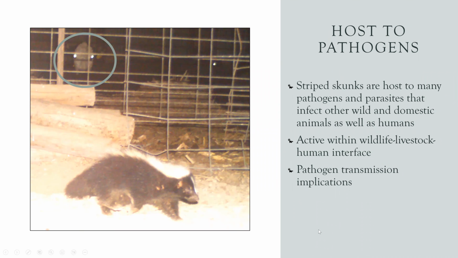We know that striped skunks are active in this interface. This is a photo that I captured during this study with some cows just hanging out back here as the striped skunk's out doing his business. And this close interaction also has pathogen transmission implications because, again, pathogens can infect humans, wild animals, and domestic animals.